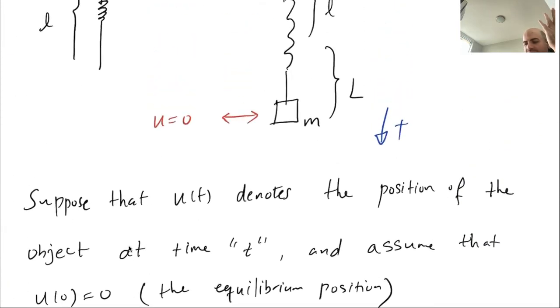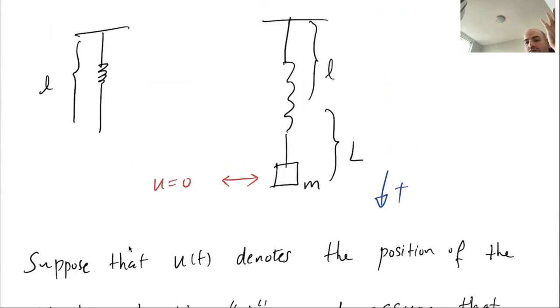See, at time t, because at 0 we are assuming that u is 0, but I'm writing Newton's law at any arbitrary time t. At arbitrary time t, u may not be 0. So if the object is displaced from the equilibrium position by u units, it's already L units here, and then u units more.